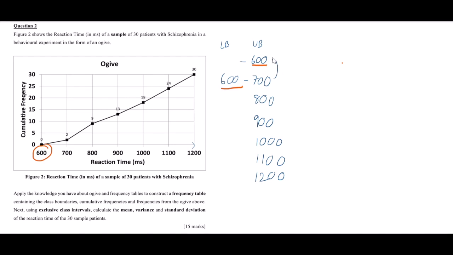So 700 minus 600, class width is 100, which means this would be 500. Okay, so let's complete the table. This would be 700. So there you go, your class boundaries.